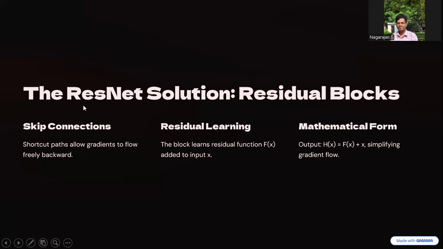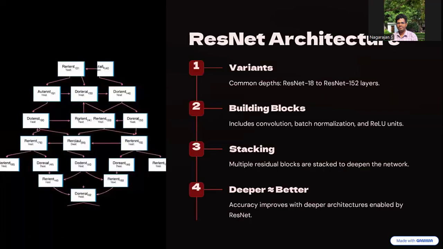We go for ResNet because it tries to give better results with fewer parameters. If you go for ResNet, you can utilize only a few parameters, and with the help of few parameters you can train the network well and get better performance. Then the variants: ResNet 18 onwards to 152 layers.